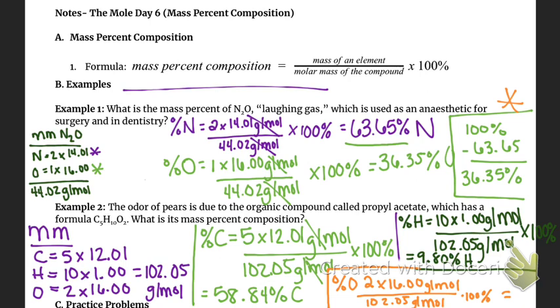So I got an answer there of 31.36% oxygen. If you did the subtraction method, that way works out as well.